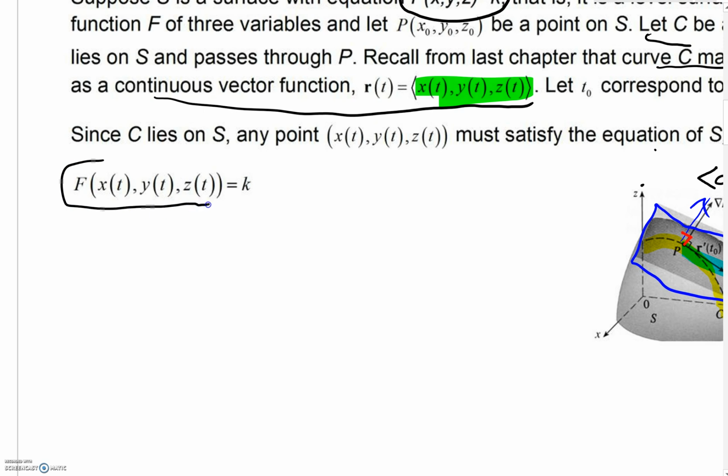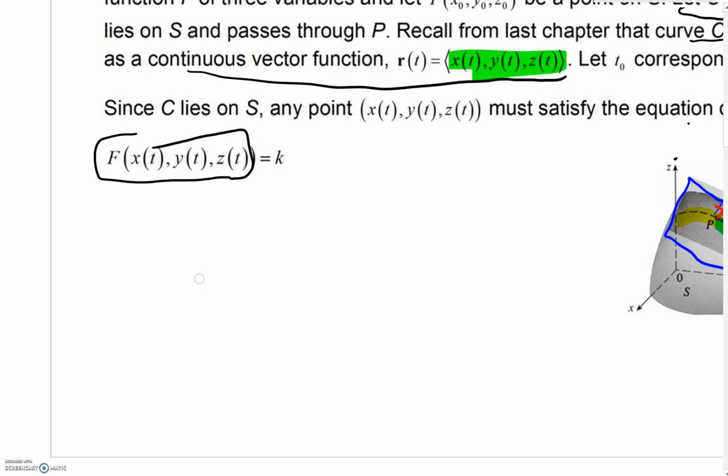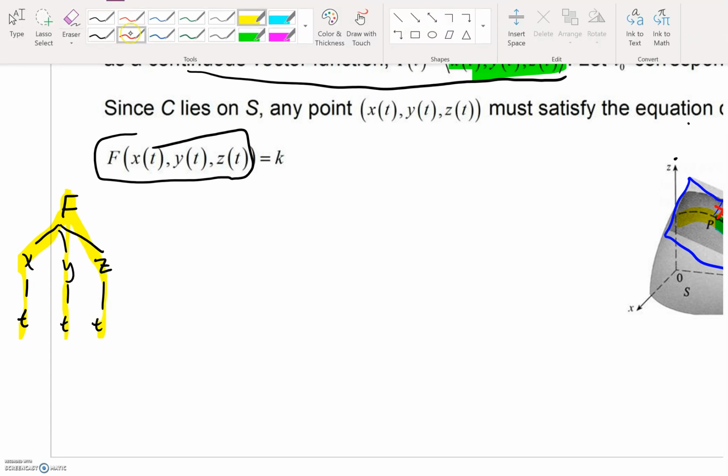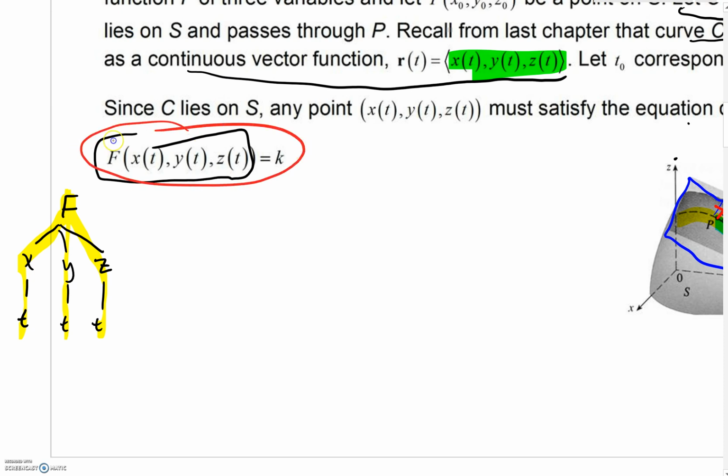Here's your f, and I want to quickly draw off to the side that f is a function of x, y, and z, but because of that curve being defined with that continuous vector function, x, y, and z will all be dependent on that parameter t. They're functions of t. So what we're about to do is take a derivative with respect to t, and we can come right back up here and do that.